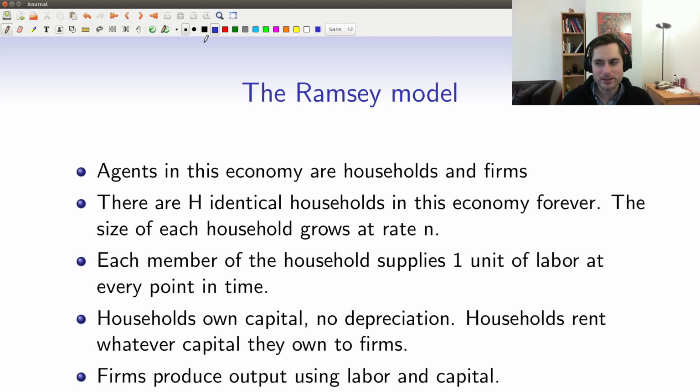If you think about it, there's sort of a tricky reason that we're going to assume that there's a certain number of households in the economy. Keep in mind that the number of households in the economy could be 1. You could just have one gigantic household, but there's a tricky reason why we're doing this, and I'm not sure if I'm going to mention it in class.